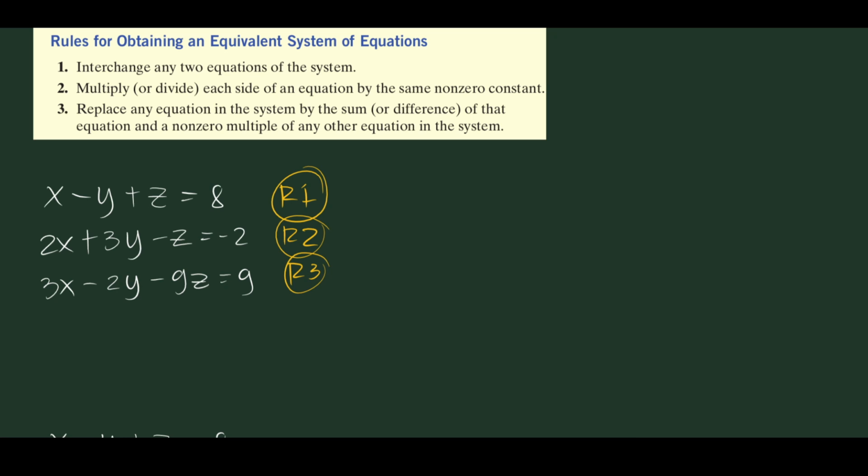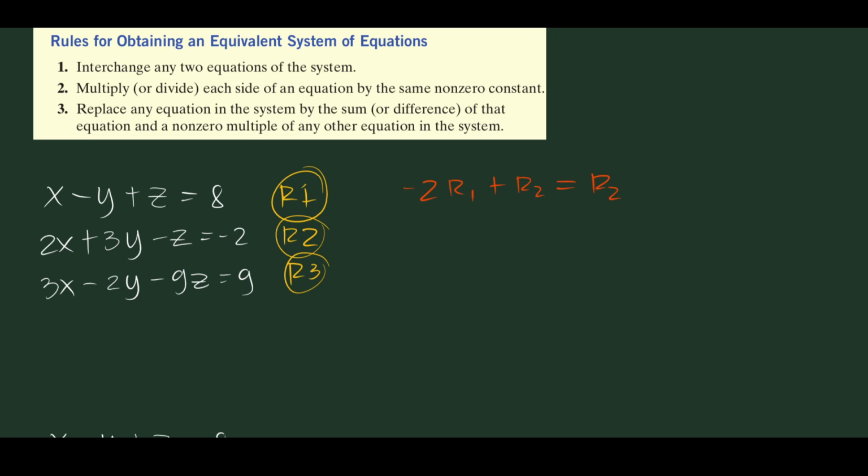So that is 2 times R1 plus R2, replacing R2. This is just a code that you can follow so that you won't lose track. You can make your own actually, but I'm just going to follow what other sources are using.